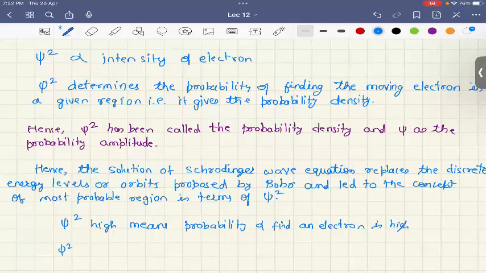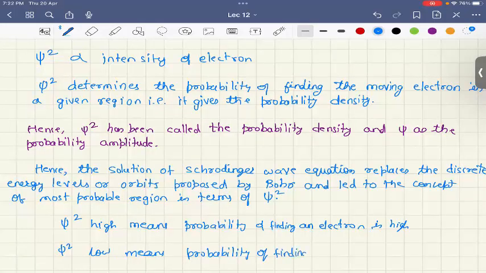If psi square is low, then the probability of finding an electron is low, right?